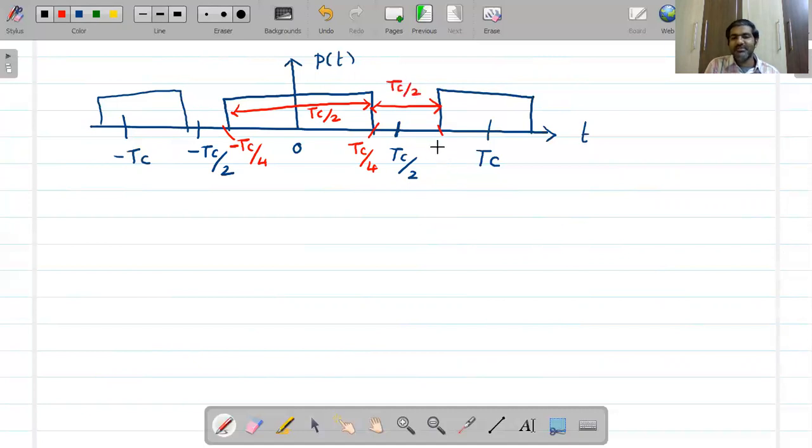This is 1 by 4, quarter, half, then this will be 3 by 4, correct or not? So 3 Tc by 4 minus Tc by 4 is 2 Tc by 4. What is 2 Tc by 4? Tc by 2. Actually this width should be equal to this width, but because of my diagram it looks otherwise. Definitely it will be equal because this is a periodic square wave. So you know that P of t is a periodic signal.